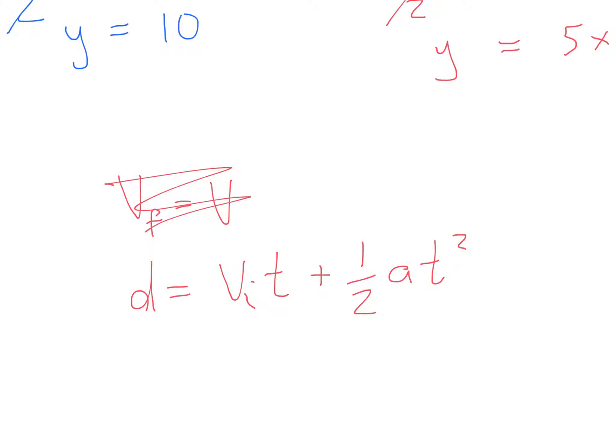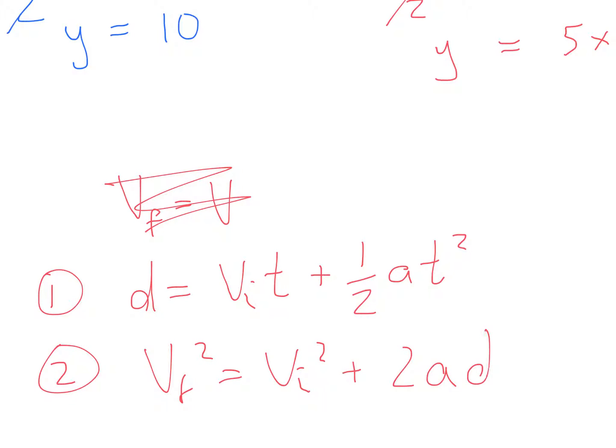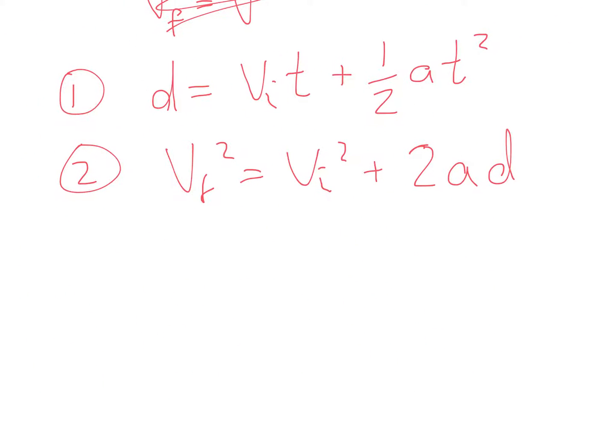And the second one we'll do is Vf squared equals Vi squared plus 2ad. In both cases we want to get a by itself, a equals something.